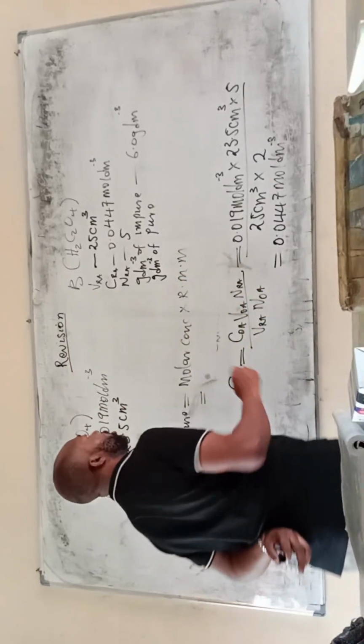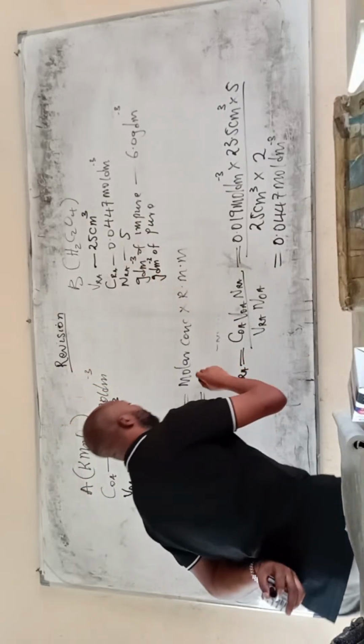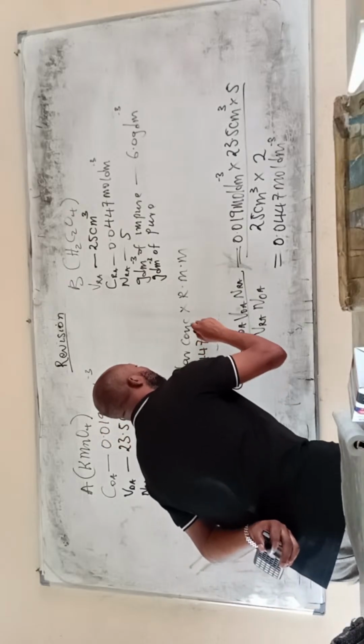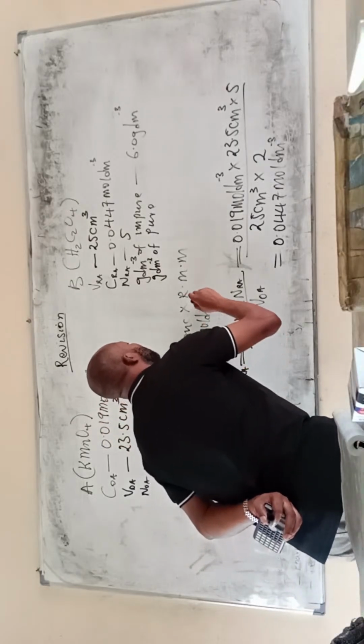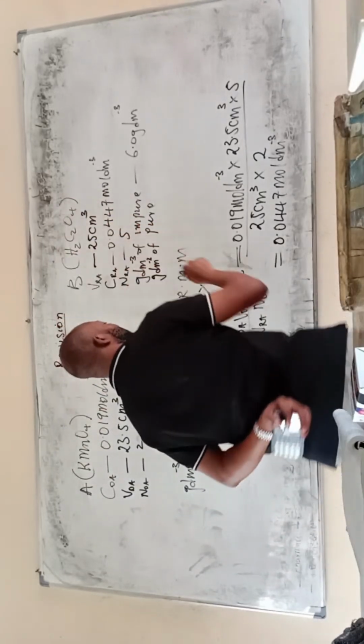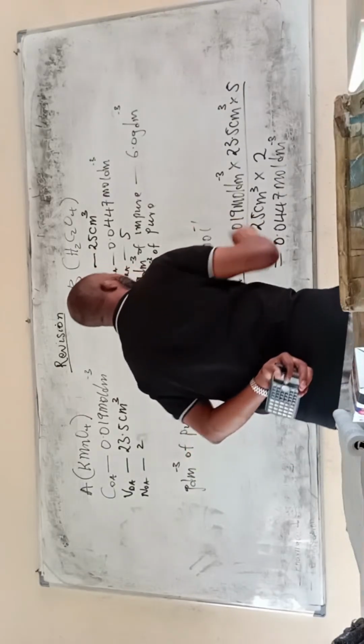The molar concentration is 0.0447 mole per dm³, and the relative molecular mass of this ethanedioic acid is 90, as I told us before, 90 g/mol.